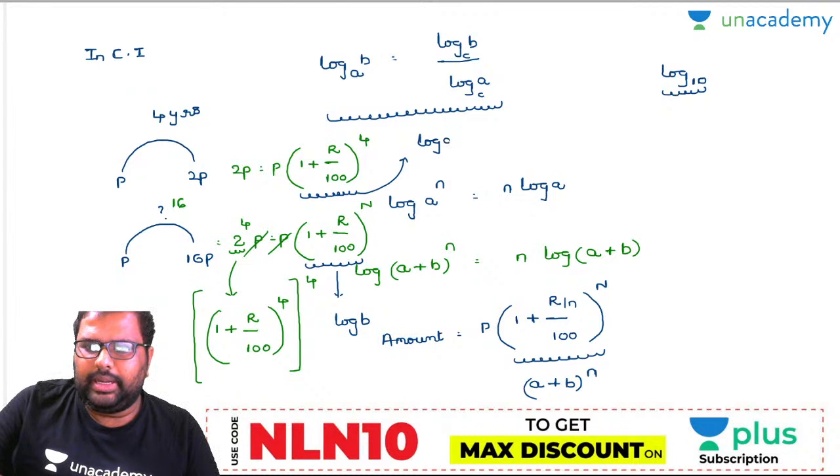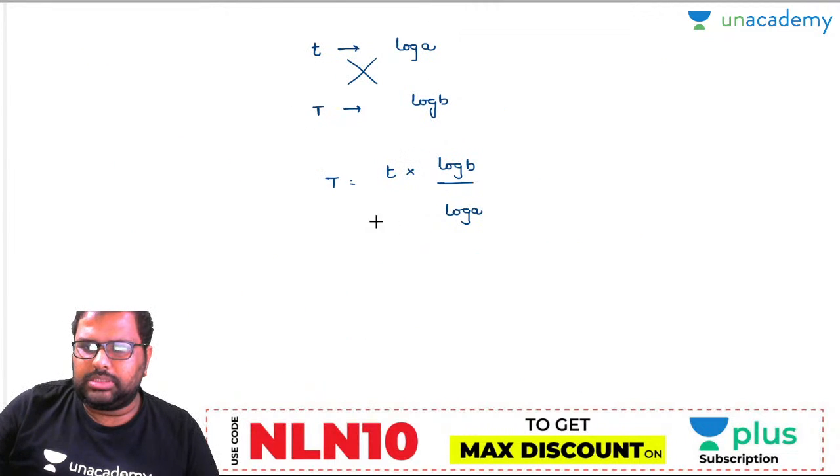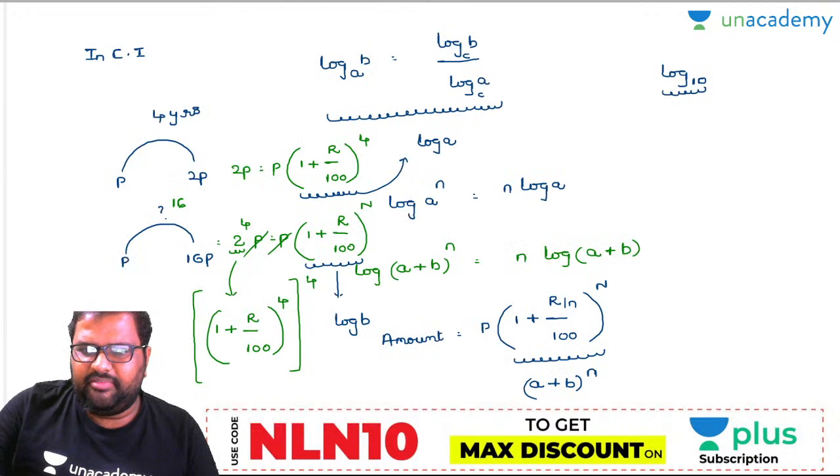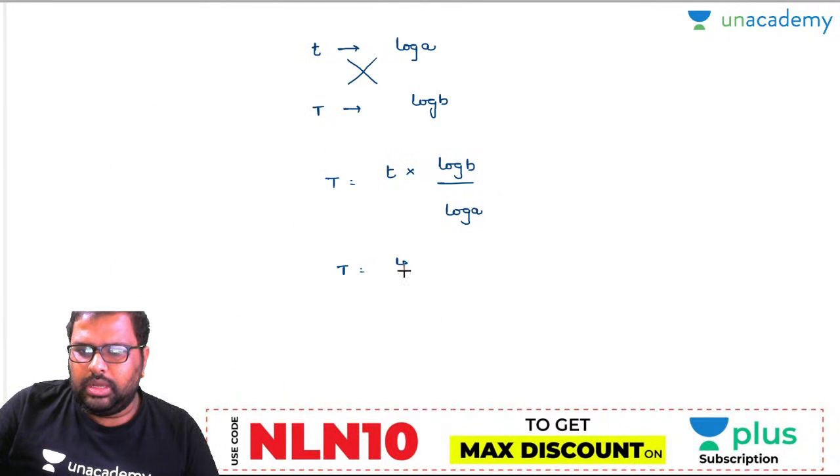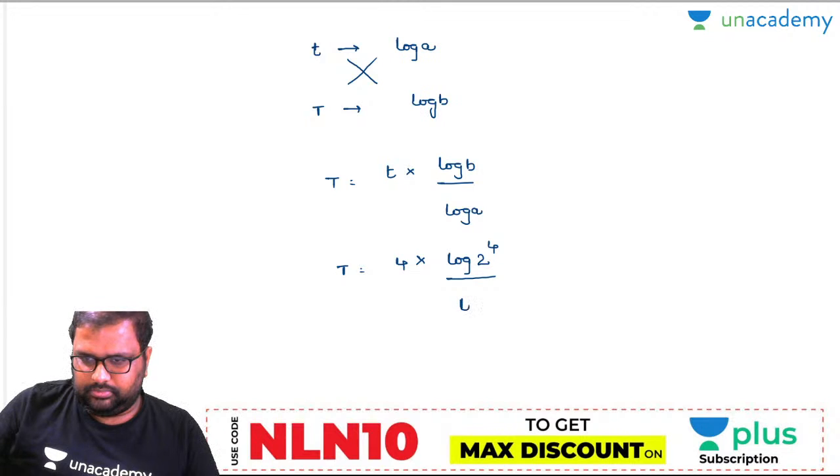Initially there is a change, because I am writing in logarithms. So use the same concept, you can easily get it. T is equal to, initially what is the year? 4 years. 4 into, I can write log B as 16P, can I write it as 2 to the power of 4, divided by log 2.